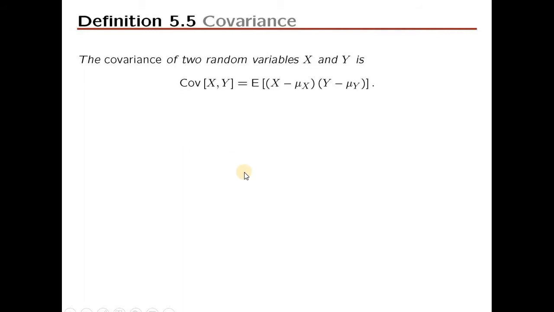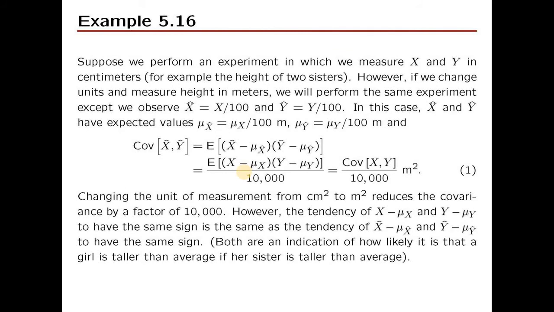This term tells you about the variation between the two random variables, x and y. So it's used a lot when we do analysis. For example, we can calculate the variance, and you can easily calculate it.